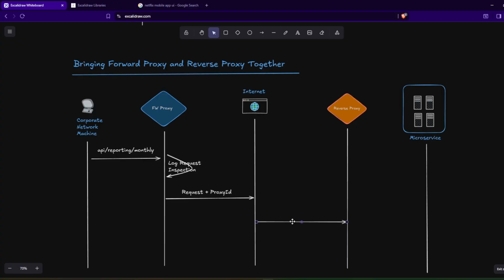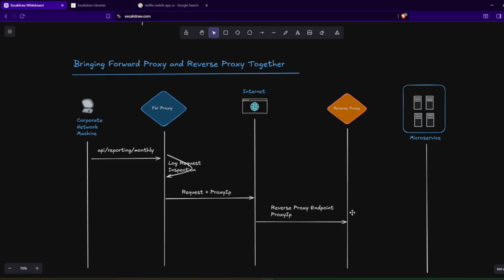From here it will go to the reverse proxy endpoint with the proxy IP. Okay, with the proxy IP it will come here, and here again a lot of things will happen.